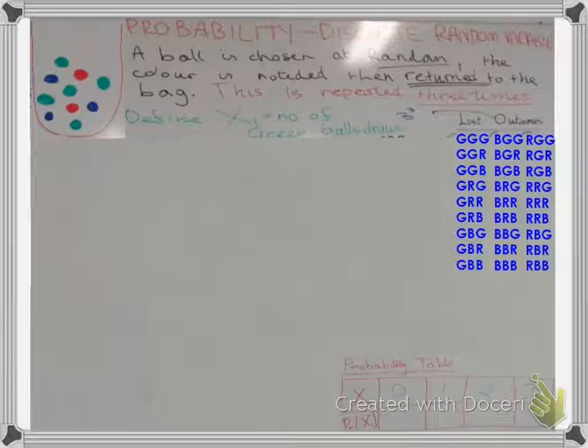Okay, so now we are repeating the process of drawing them out 3 times, so we've got an intersection of events.